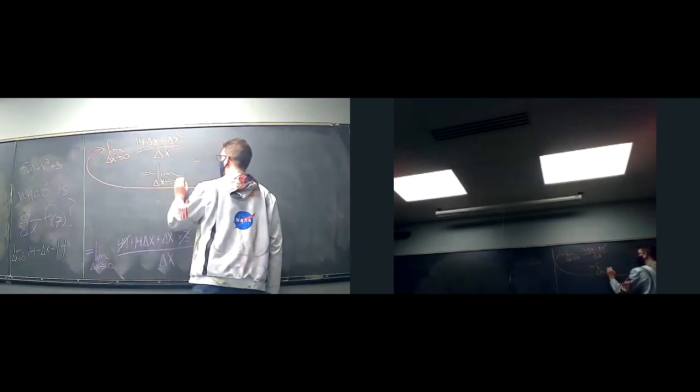And I said, hey, this term and this term both have a delta x, so let's factor that out. That's going to give us the limit as delta x goes to 0 of 14 plus delta x, that quantity times delta x, divided by delta x.